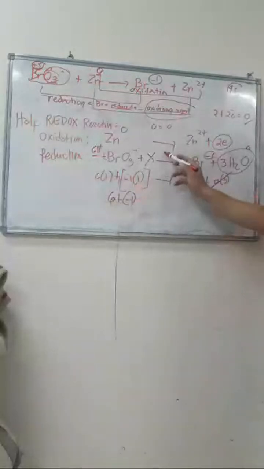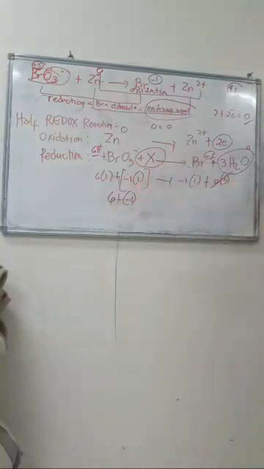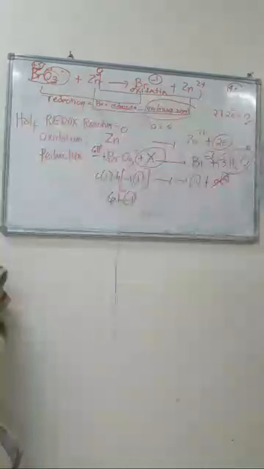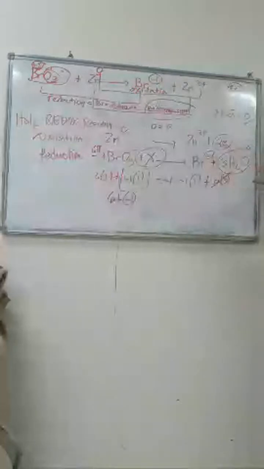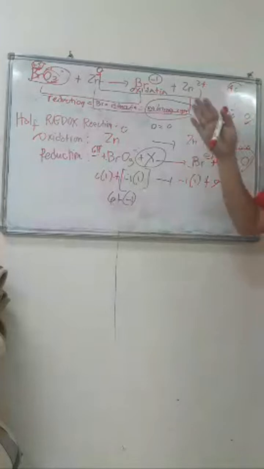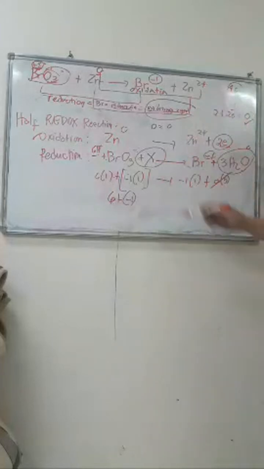Then you let x be the number of electrons. Because I told you in the concept, you have to add electrons, just like what we did in oxidation. In reduction, we still don't have the electrons, so we let that be an unknown x. So plus x is equal to negative 1.